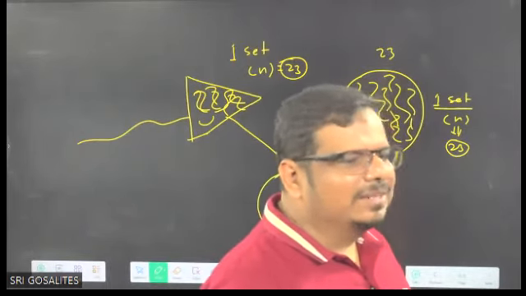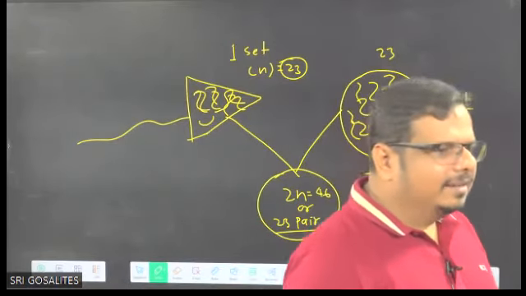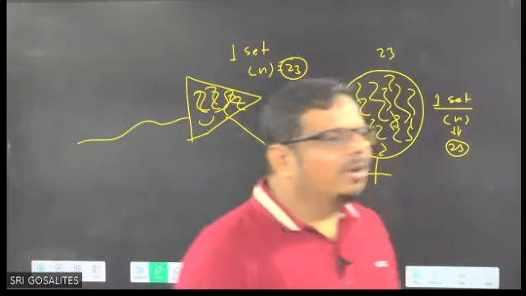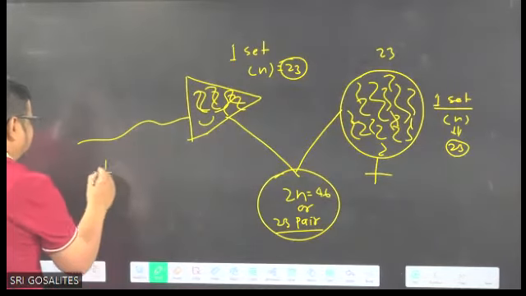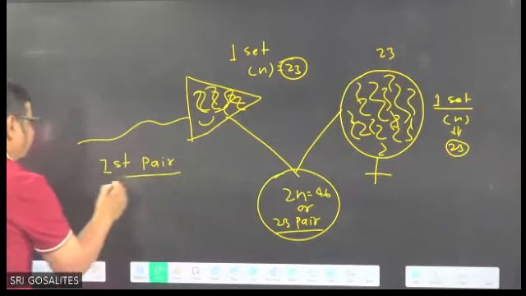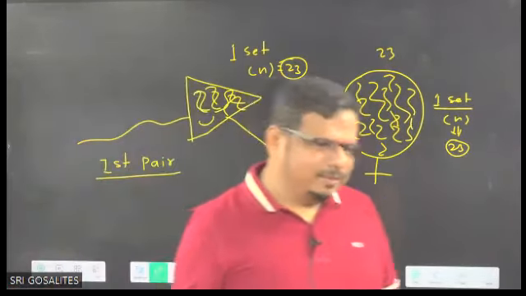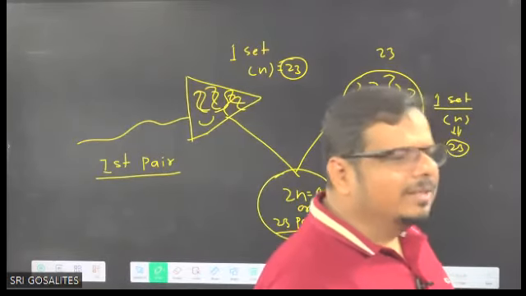The first longest of the sperm and the first longest of the egg have the same size, and that is called the first pair. You got the meaning of first pair? First longest of the sperm and first longest of the which one?